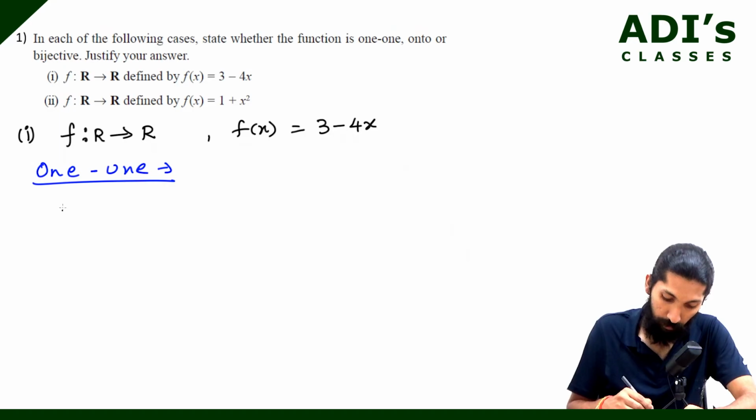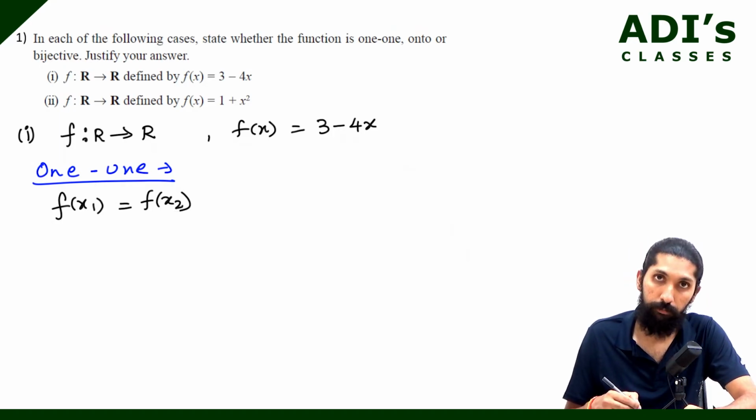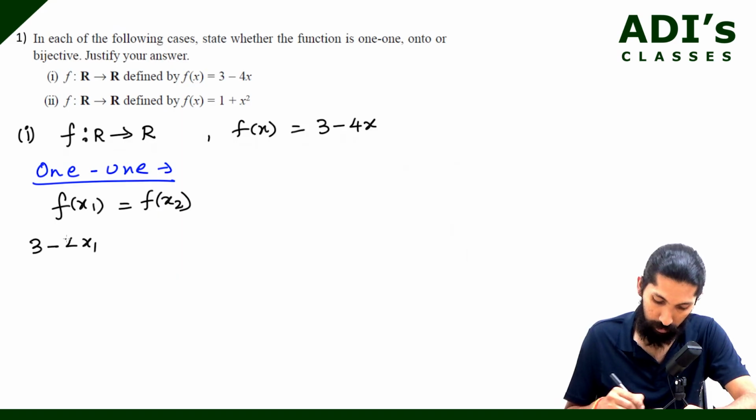So we have f of x1 is equal to f of x2, and this implies x1 should be equal to x2.